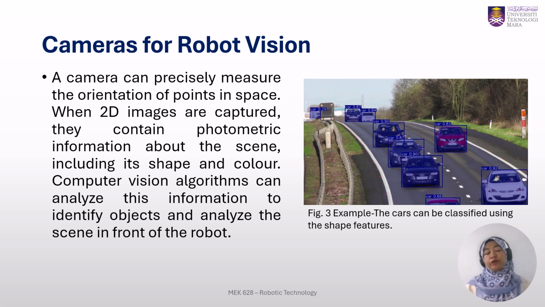After you have the image, you can use computer vision with some algorithms or image processing to interpret the objects in the images and to analyze the scenes that are viewed by the robot in front of the robot.